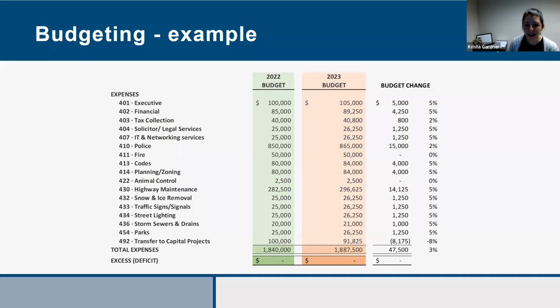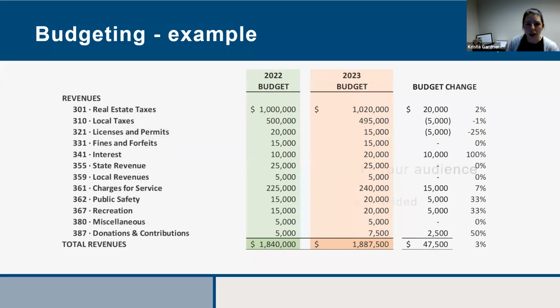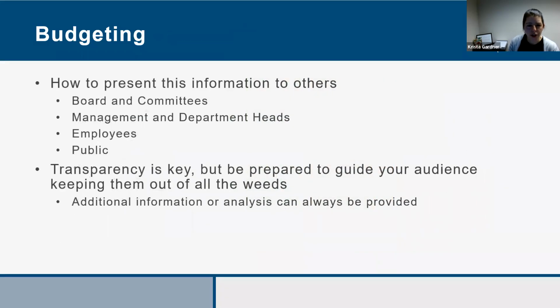Let me just jump back to this last slide before I showed that, and just looping this back to that whole transparency. I think that's where making sure that everyone who should be included in the discussion is included. And that also falls on your department heads as well.